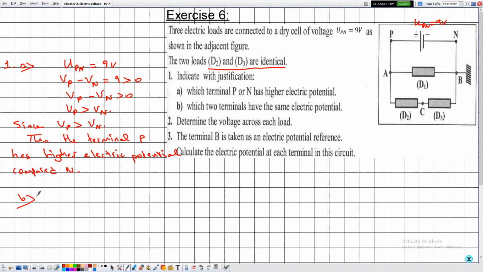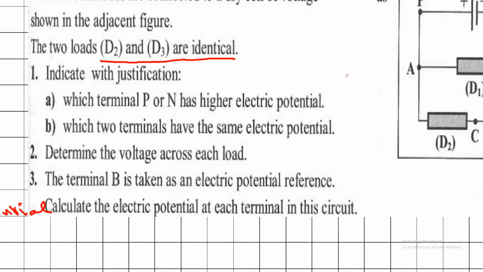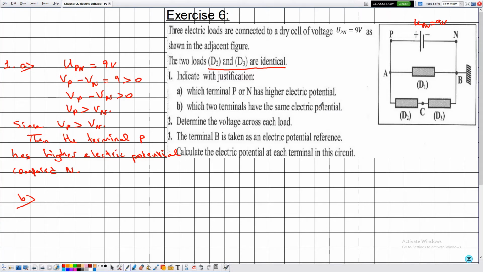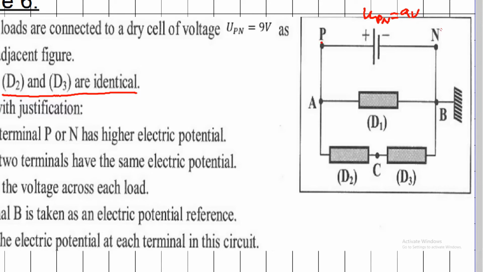Now in part B, they are telling me which 2 terminals have the same electric potential. We know that any 2 terminals connected by a connecting wire have the same electric potential. So here, for example, between P and A we have a connecting wire.